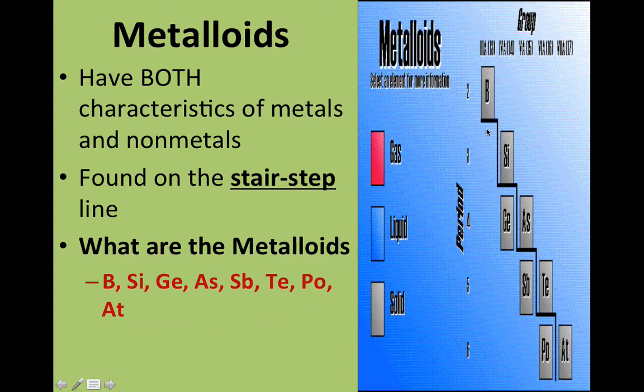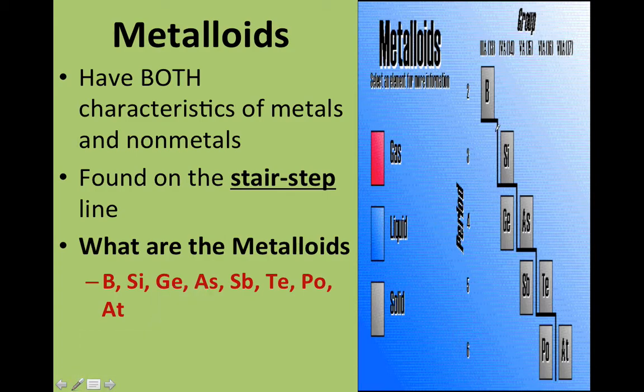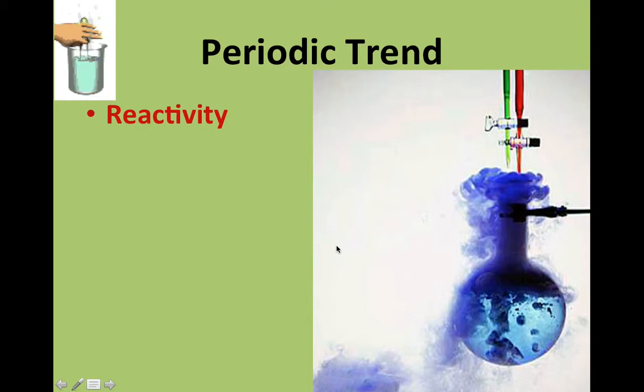There is one located right below boron, on the stair-step line, right here, and that is aluminum. But aluminum has so many metal properties that it is not considered a metalloid. But basically everything to either the left or right of that line is considered a metalloid.